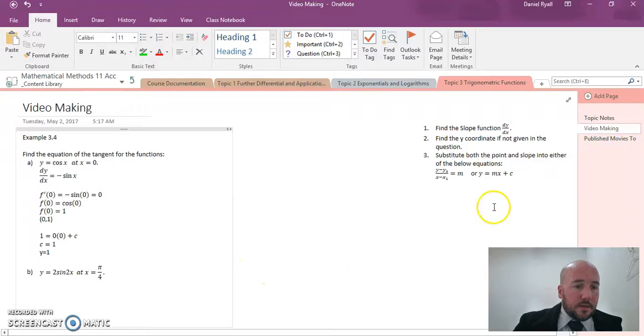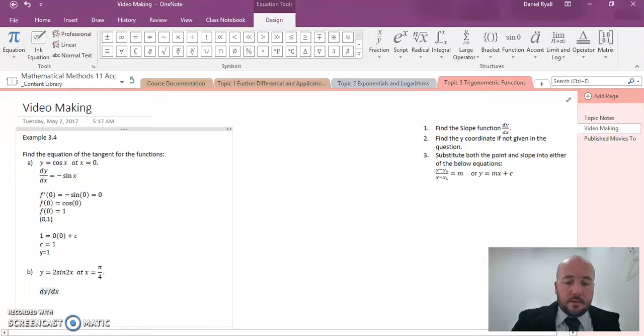For our second example, we're going to scroll down a little bit here. We've got a little bit more of a complex function, but still following the same process. We're going to find the derivative, so dy on dx. Because we've got sine of a function, we're going to have to make use of the chain rule.